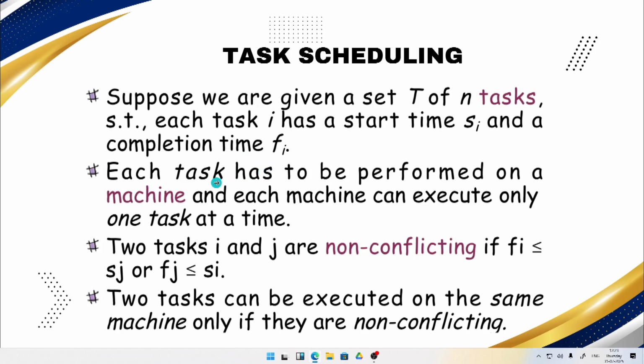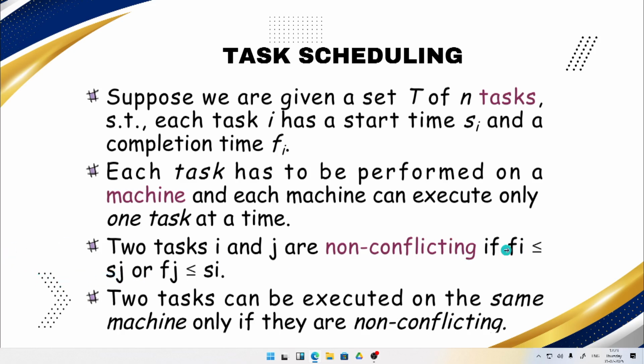We have to perform every task on a machine, and let us assume that that machine will execute only one task at a time, and every task will run for 1 unit time. We say that two tasks i and j are non-conflicting if the finish time of the first task, which is i, is less than the start time of the second task, which is j.